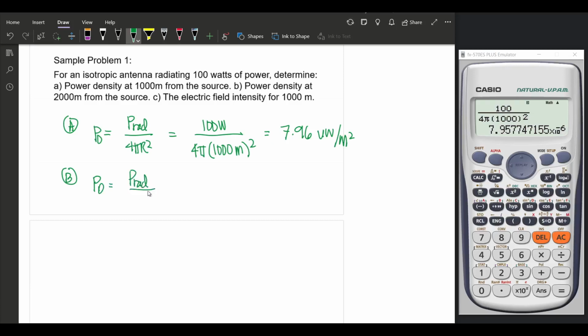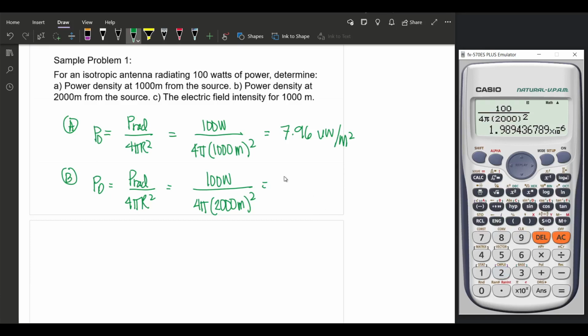So we move farther, to 2,000 meters. Same formula again, we just replace the distance. So it doubled the distance. Let's see what the effect will be on the power density.